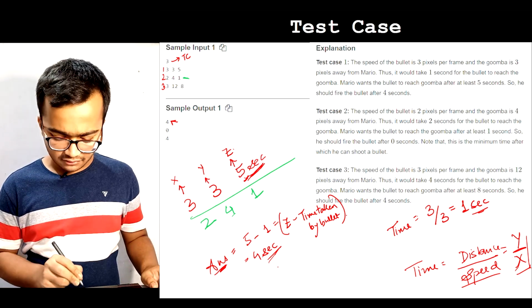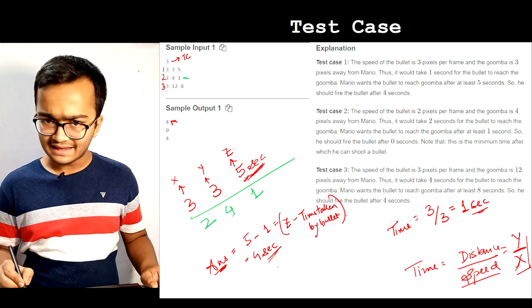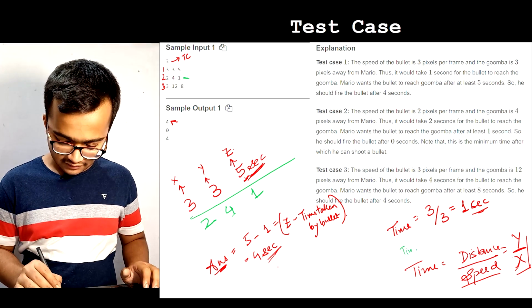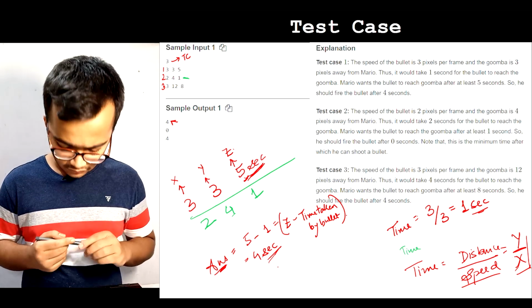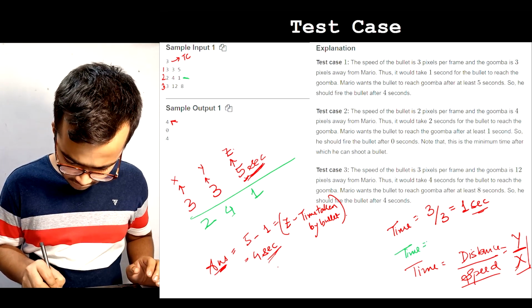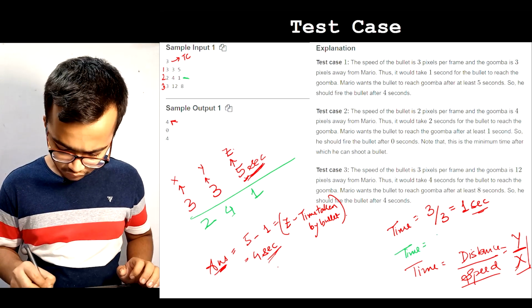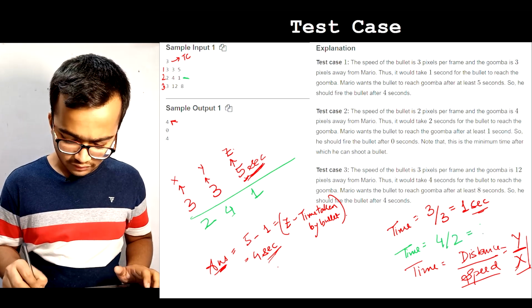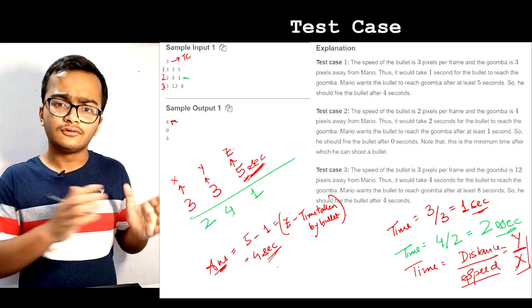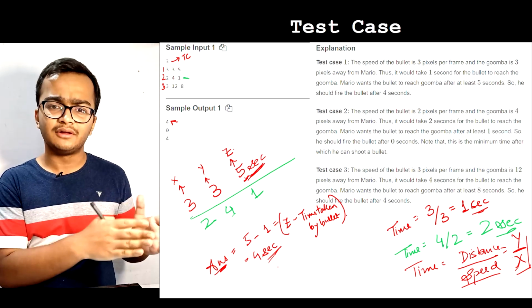Time is equal to y by x. My y is 4 and my x is 2, so I get 2 seconds. So the bullet takes 2 seconds to cover the distance between Mario and Goomba.